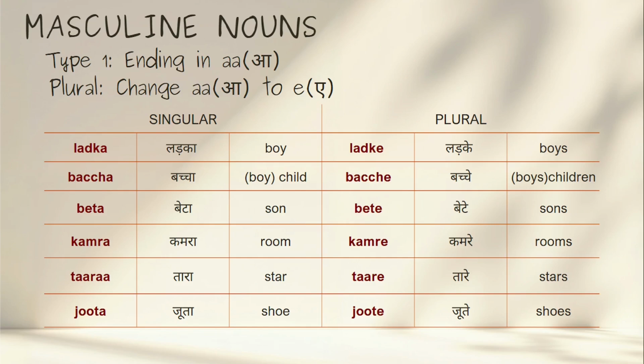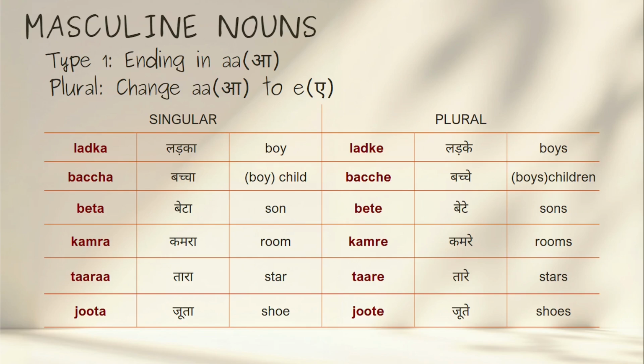Then beta means son. Bete is sons. Kamra is a room. Kamre is rooms. Tara is a star.